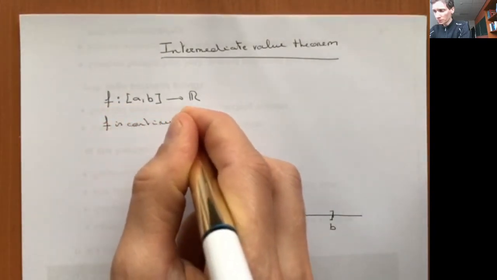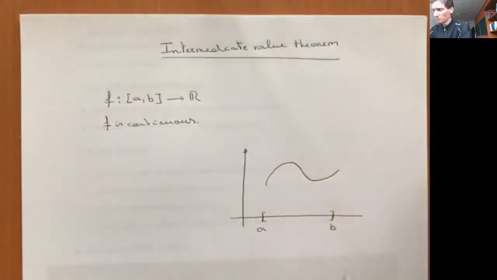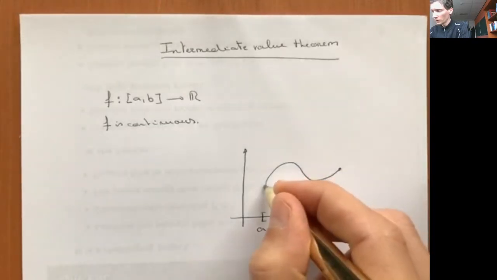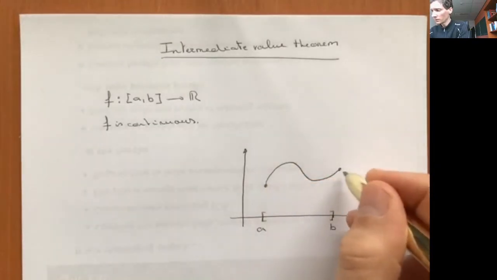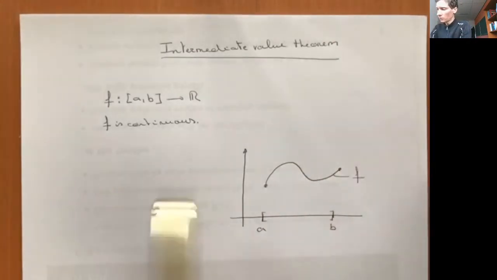continuous. So for example, that's our function f. It takes a value at A, it takes a value at B, and is continuous. Because this function is continuous, we know it has a maximum and a minimum on the domain, by the extreme value theorem.